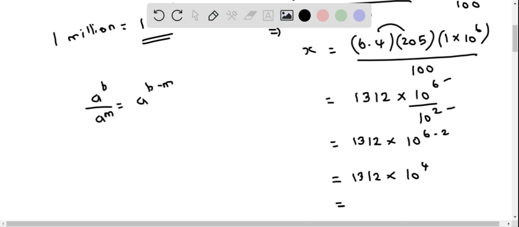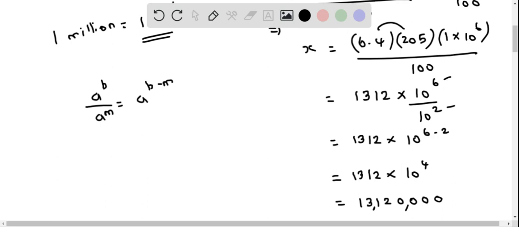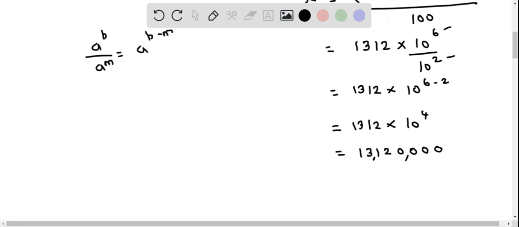Now we just have to multiply this 1312 by 10 power 4, and we simply place 4 zeros next to this number. So it's 1, 2, 3, and 4. We put commas to write it in terms of words. So this is 13,120,000 people.